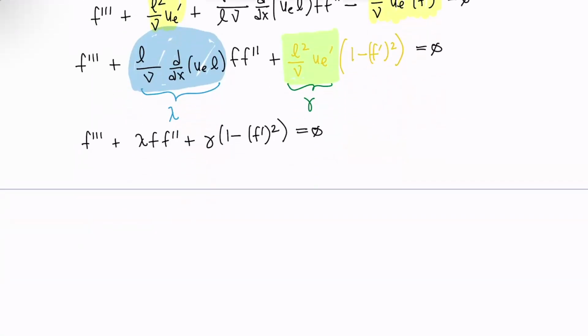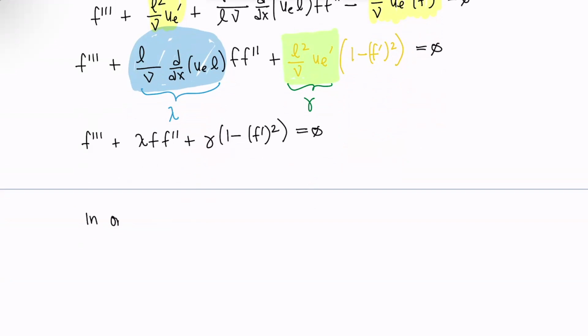And so the thing is, if we want to have a function f, which is what this ODE is acting on, if we want it to only be a function of eta and independent of x, that means that lambda and gamma must both be constants.